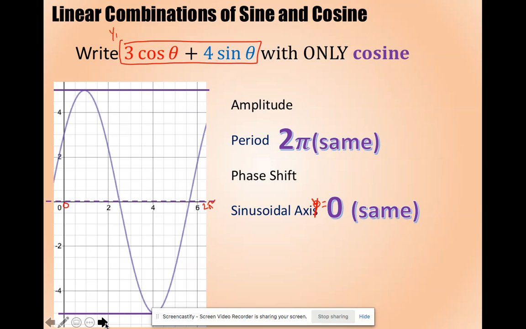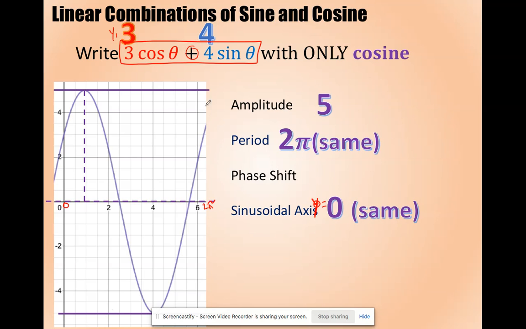What's the amplitude? Well, my old amplitude was 3 and then I also had an amplitude of 4. So is my new amplitude just the sum of 3 and 4? Is my new amplitude 7? No. What is your new amplitude? 5?